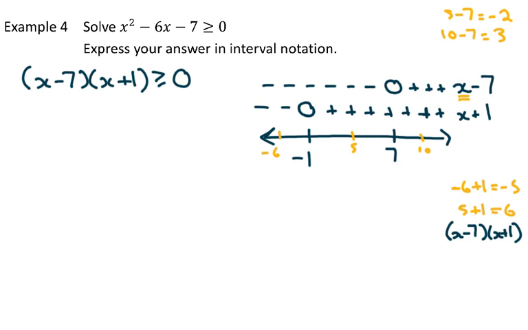We always start by lining up the zeros, and right here at negative 1, we have a negative number times 0. Anything times 0 is 0. Lining up again at 7, we have 0 times a positive number, and again 0 times anything, still 0.